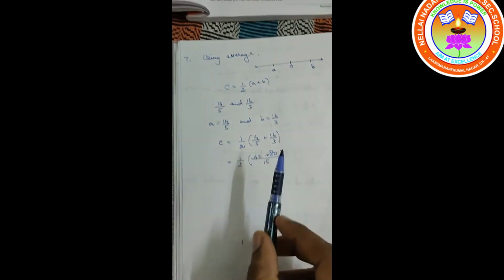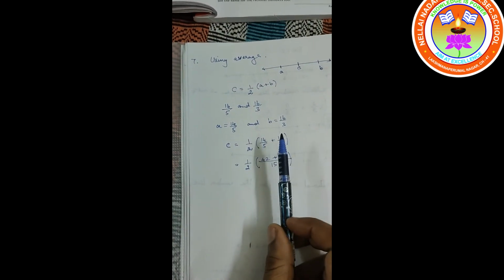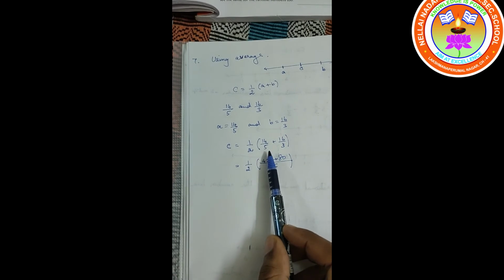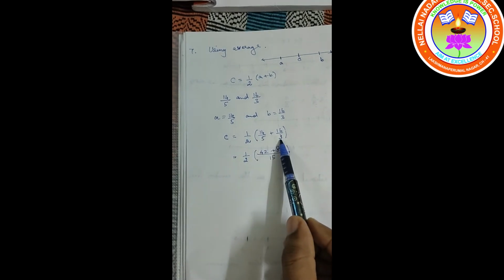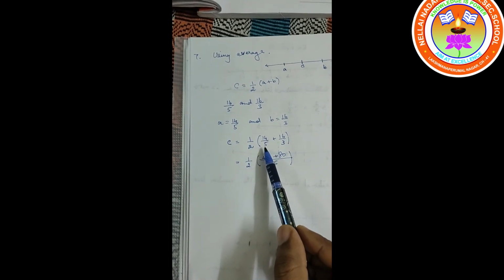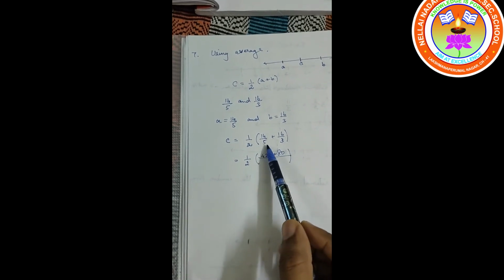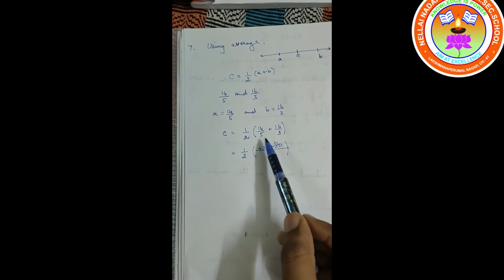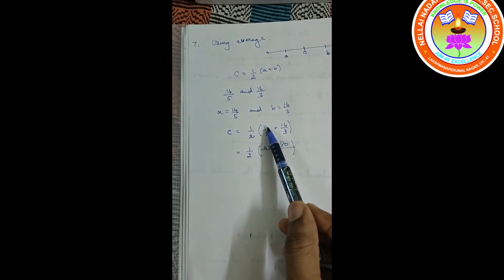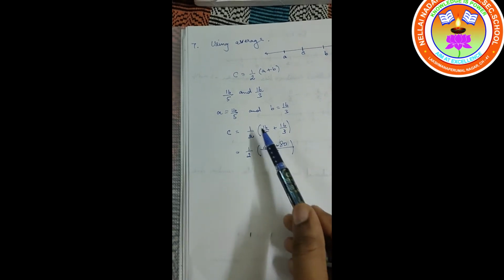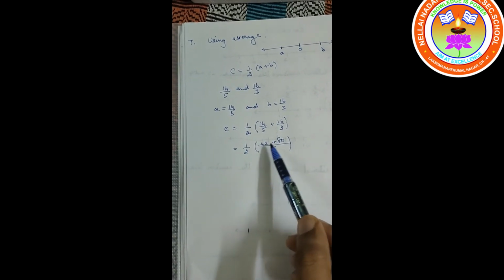Like this only you have to add two fractions. You might have learned in your previous classes how to add two fractions. If you don't know, I will tell you. Take LCM for 5 and 3. The LCM for 5 and 3 is 15. So 5 will become 15. How many times? 3. 5 3s are 15. So the same 3 you multiply here also with 14. 14 3s are 42.